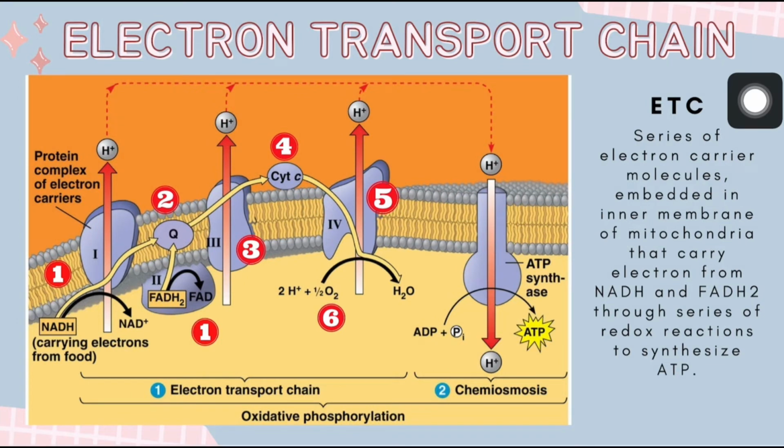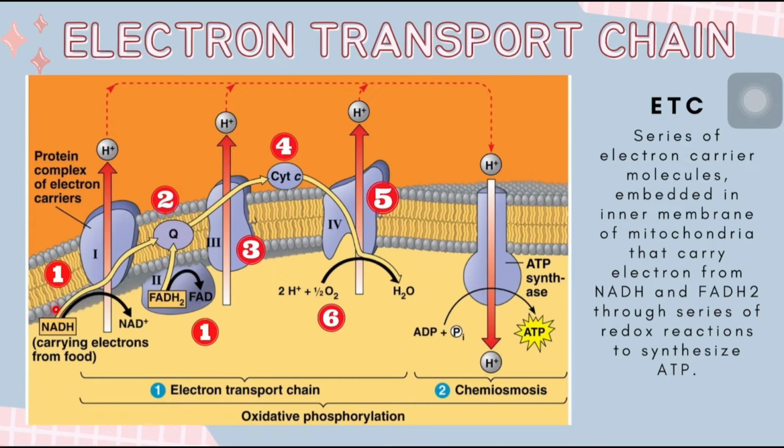Okay, next, the electron transport chain is a series of electron carrier molecules embedded in the inner membrane of the mitochondria that carry electrons from NADH and FADH2 through a series of redox reactions to synthesize ATP. So this is the structure of the electron transport chain.